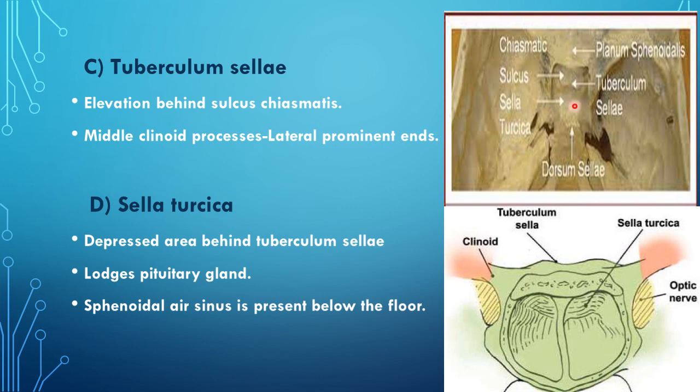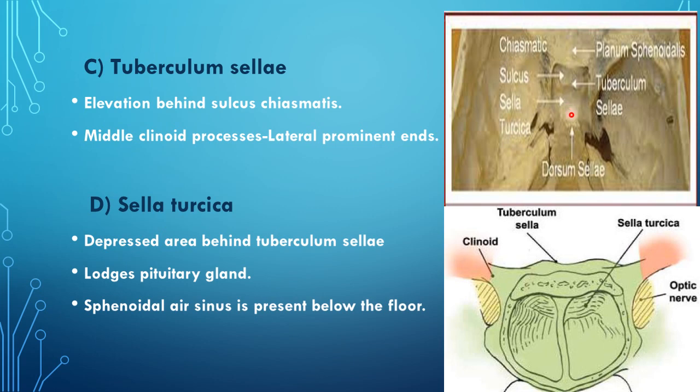Now, this depression has a deepest part. The deepest part of the sella turcica is called the hypophyseal fossa or the pituitary fossa, and what is lodged here? The pituitary gland. So this is the hypophyseal fossa, or the pituitary fossa, lodging the pituitary gland.